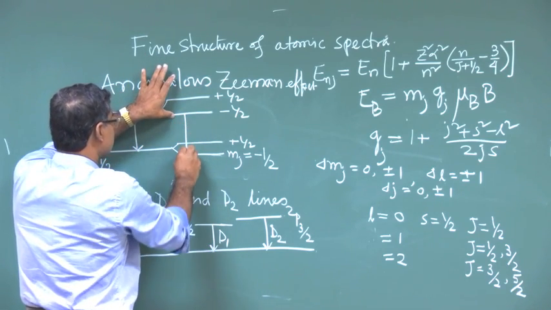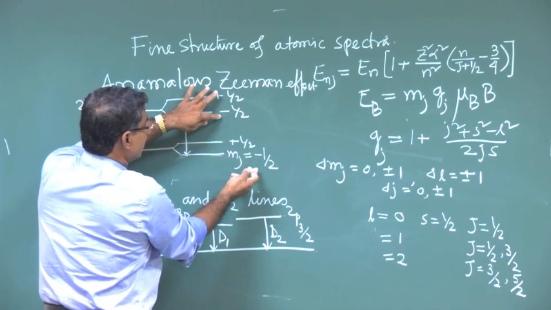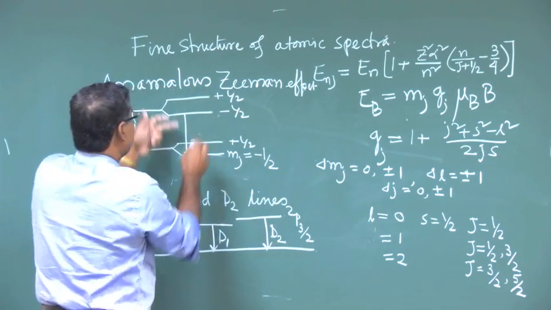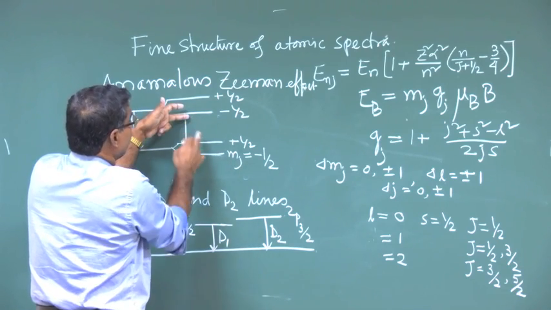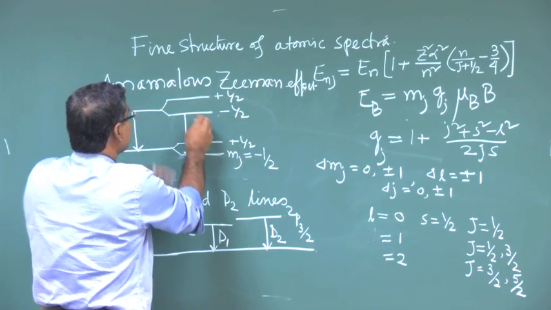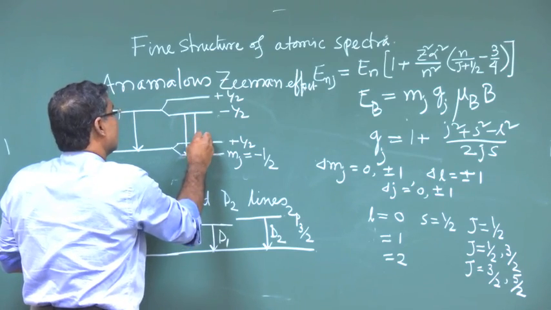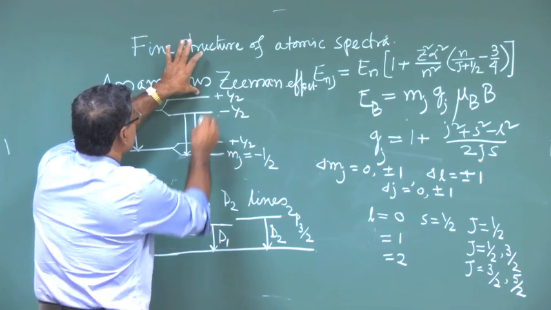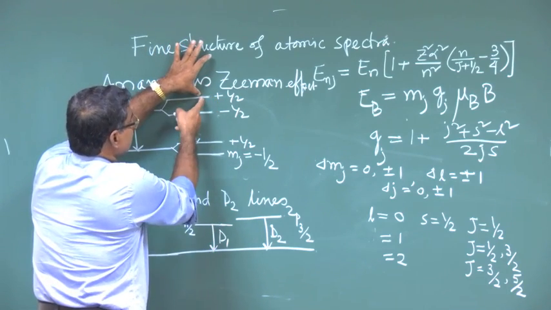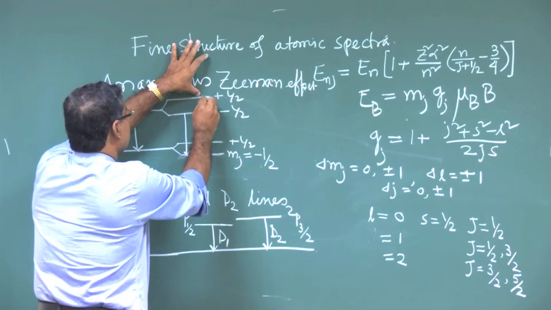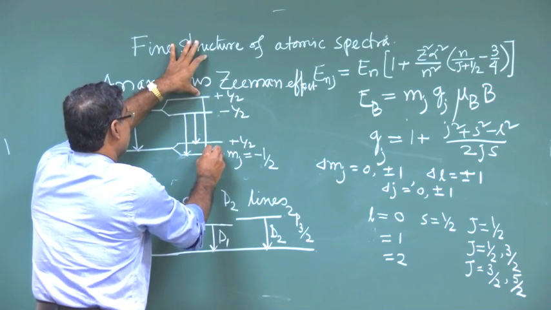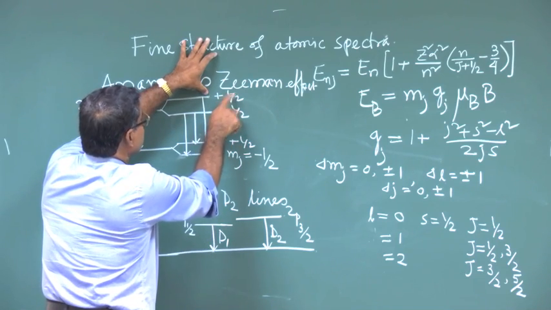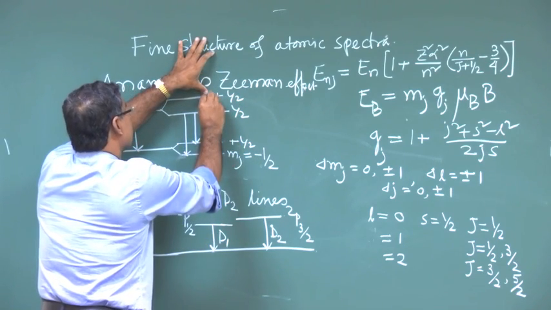This transition is possible: minus half to minus half, delta mj is 0. From minus half to plus half is also allowed because delta mj equals plus minus 1. Similarly plus half to minus half is allowed, and plus half to plus half is also allowed.